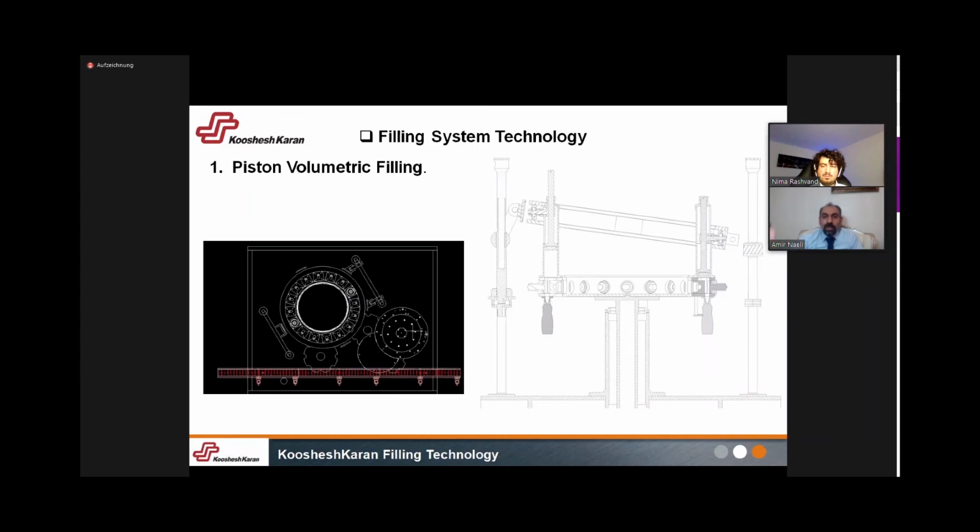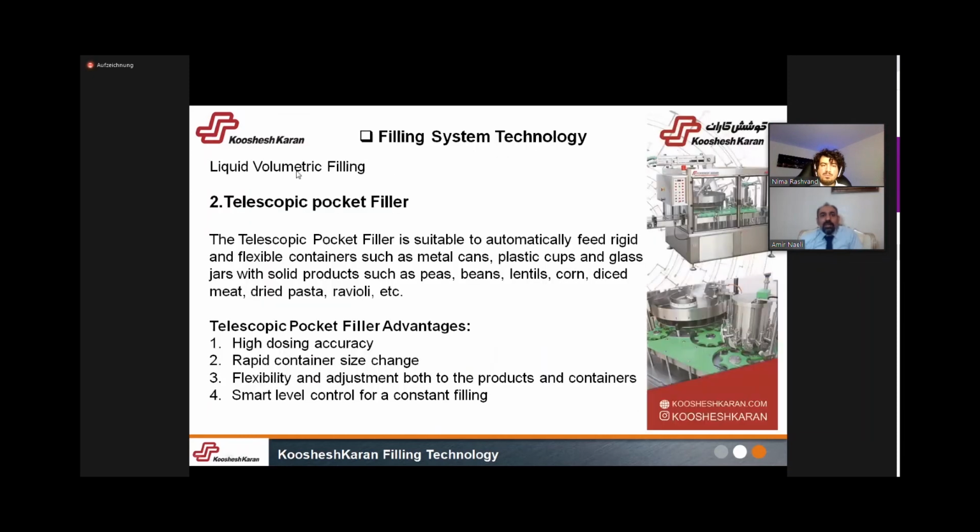Another kind of liquid volumetric filling is the telescopic pocket filler. The telescopic pocket filler is suitable for automatically feeding rigid and flexible containers such as metal cans, plastic cups, and glass jars with solid products such as peas, beans, corn, dry pasta, everything of this kind.